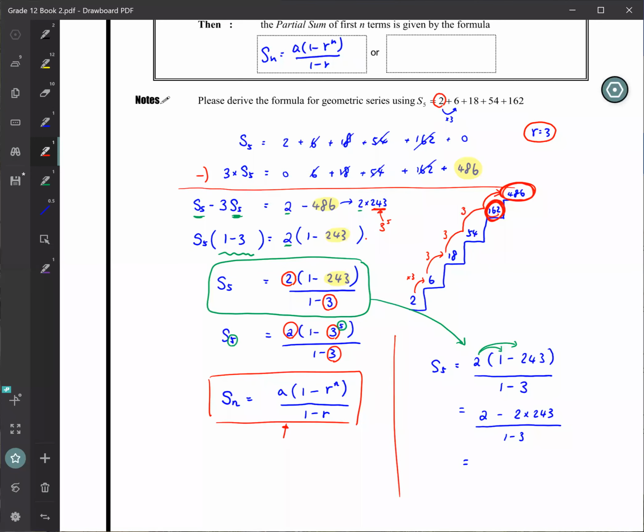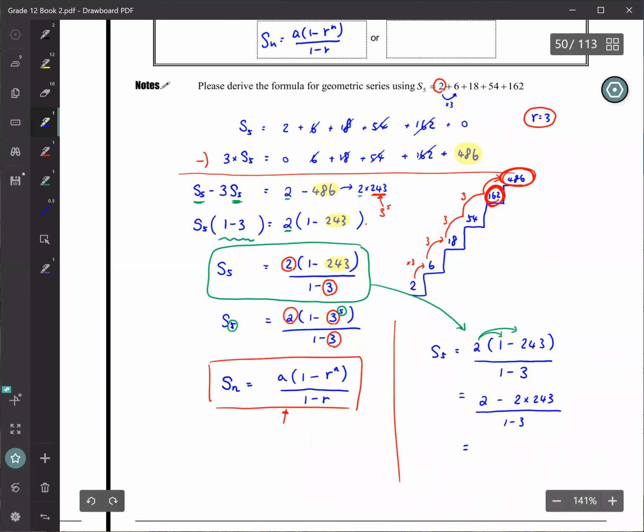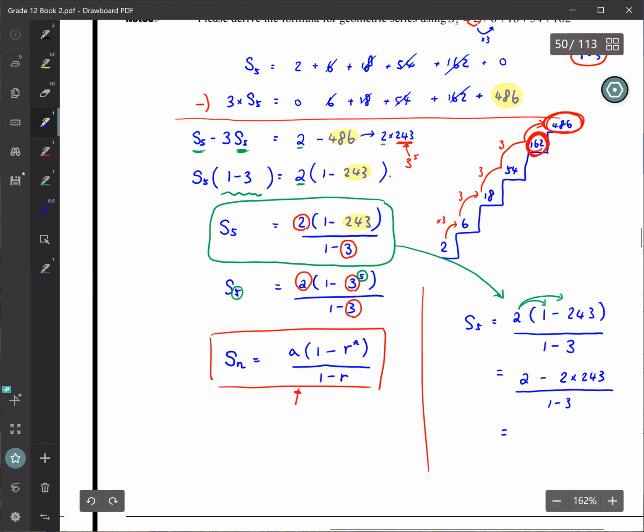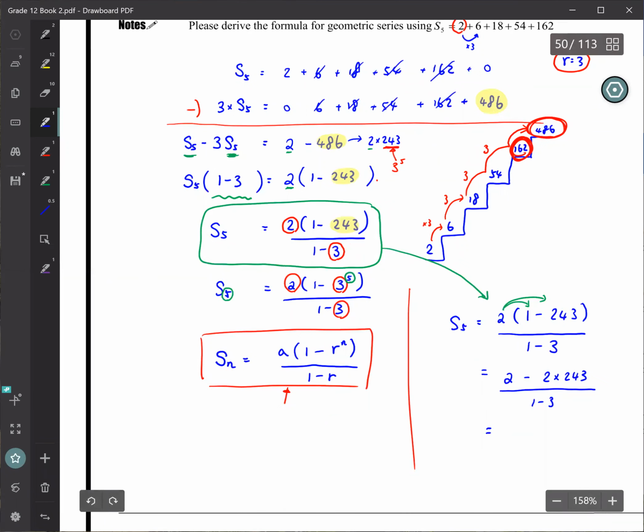So I want to rewrite the 243, because we know 243 is 5 threes, right? So I'll write it like this. The 243, I break it apart into 3 to the 4 times 3 over 1 minus 3.